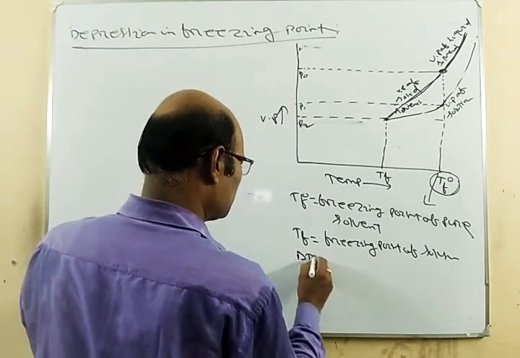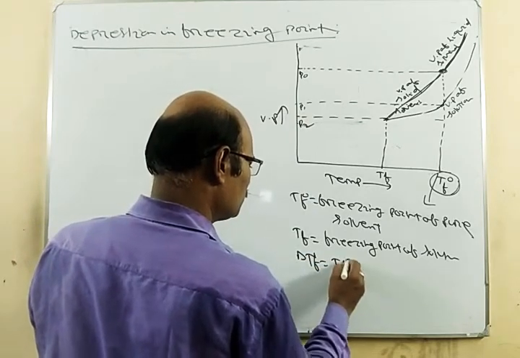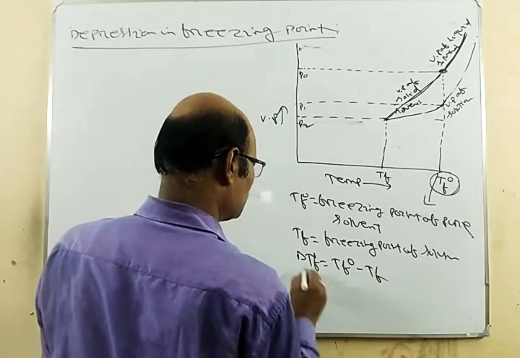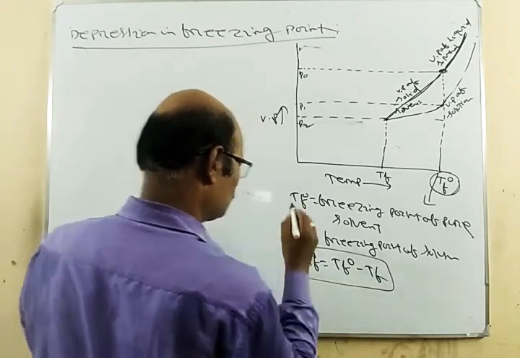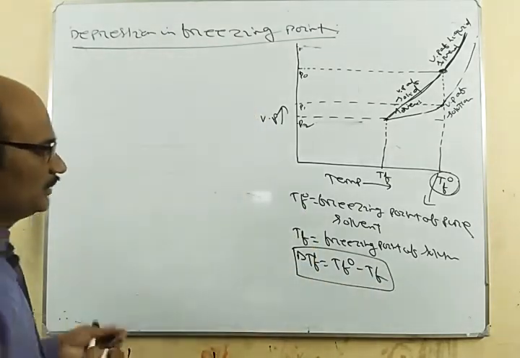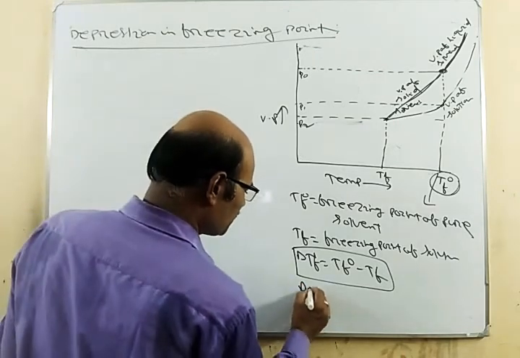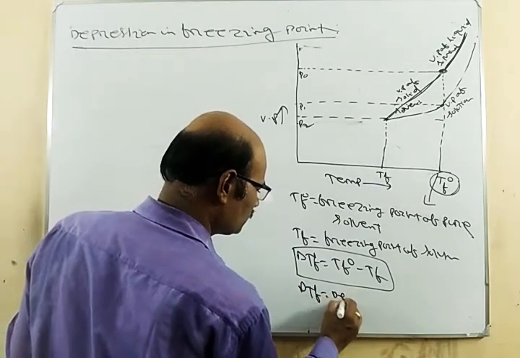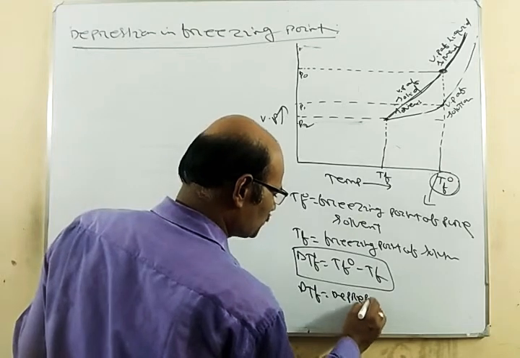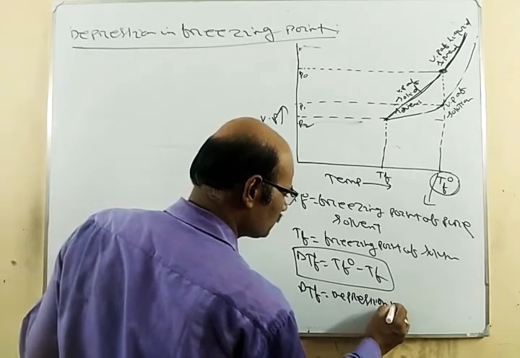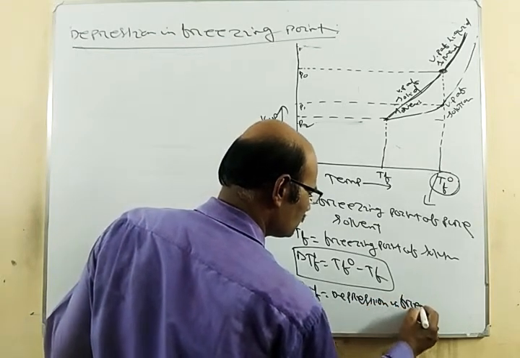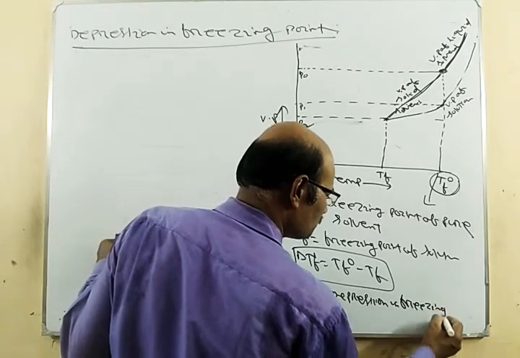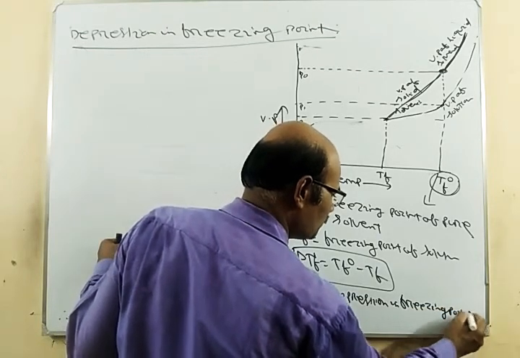So delta TF equals TF0 minus TF, and delta TF is called the depression in freezing point.